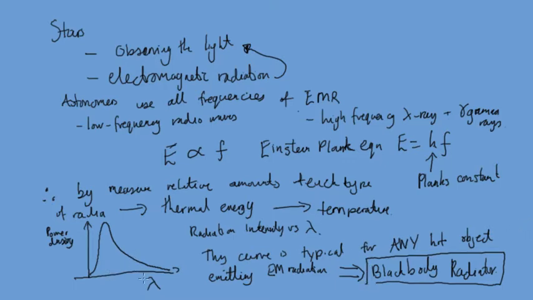Now, the peak intensity, so this is the peak wavelength here, depends directly on the temperature of the object. I'm going to have to get rid of that because I'm going to run out of room. So the peak depends on the temperature of the object.